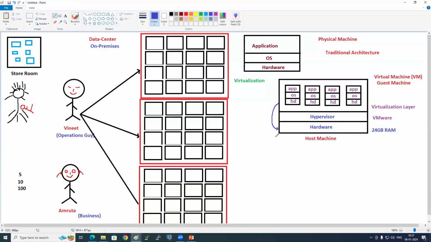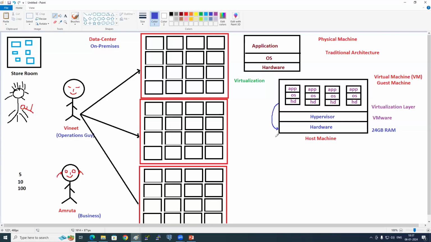I have 24 GB, so how many virtual machines can I create? 12. So how many virtual machines you can create on one machine depends upon your hardware. The bigger your hardware is, the more virtual machines you can create.